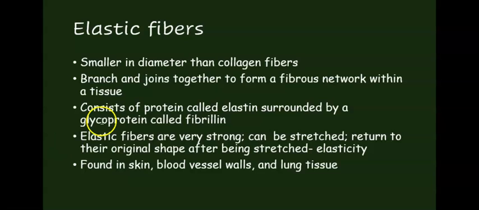Elastic fibers are smaller in diameter than collagen fibers, but they form a fibrous network within a tissue, and they consist of a protein called elastin surrounded by a glycoprotein called fibrillin, and they are very strong, can be stretched, but they can return to their original shape after being stretched, called elasticity, found in skin, blood vessel walls, and lung tissues.